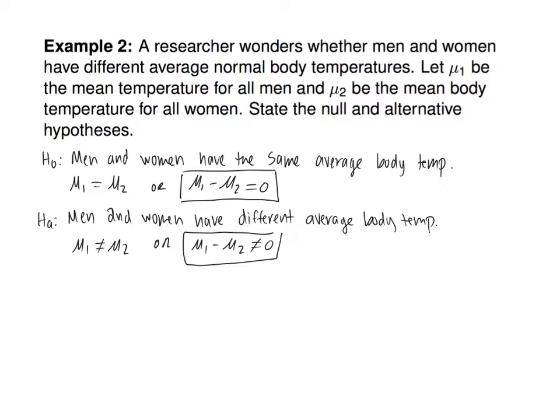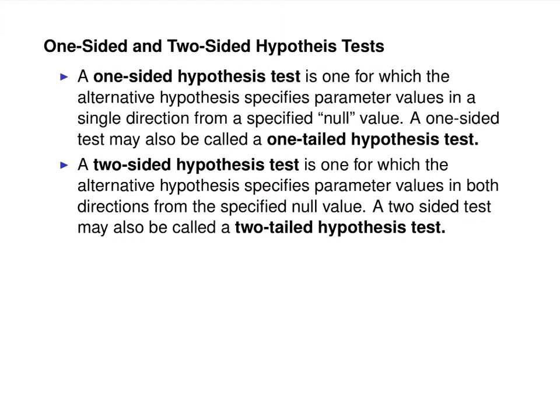Now, that kind of difference where you have some sort of direction specified or no direction specified is the next thing we're going to talk about. And when you have one direction specified, this is called a one-sided hypothesis test. And this is what happens when the alternative hypothesis specifies the parameter values must go a specific direction from the null value.